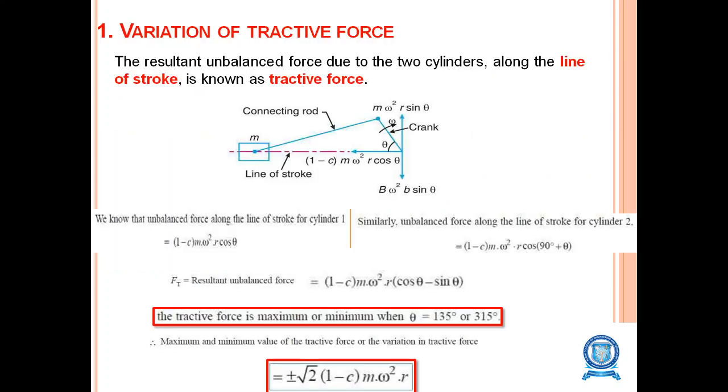The tractive force is maximum or minimum when the theta value is 135 or 315 degrees. We get plus or minus root 2 into (1 minus c) m omega square r. This is the straight line and this denotes the crank, and this is the connecting rod which moves the mass along the straight line.